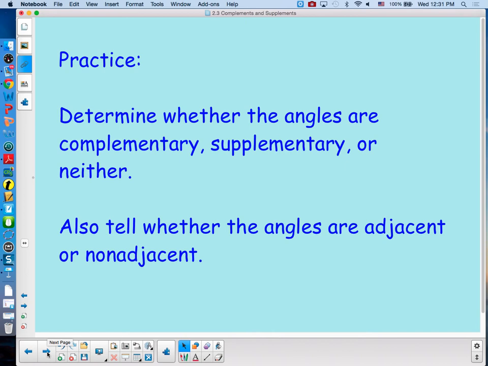All right, let's start with this angle. This angle. We'll make this one 60 degrees, and we'll make this one 40. Number one. Number two.